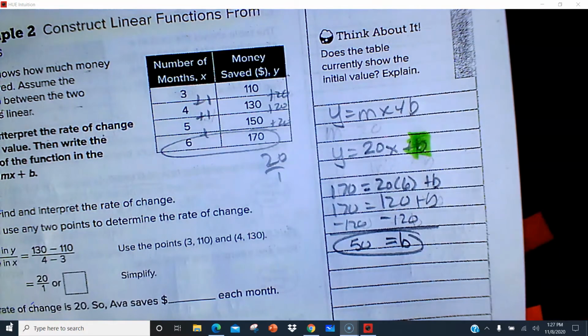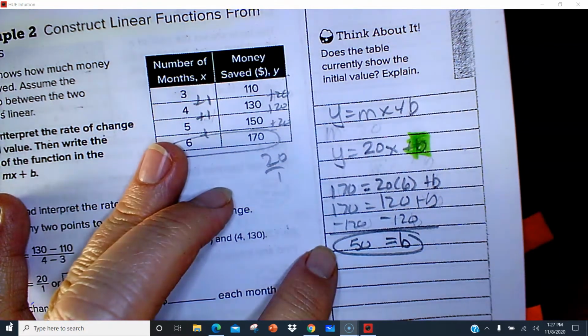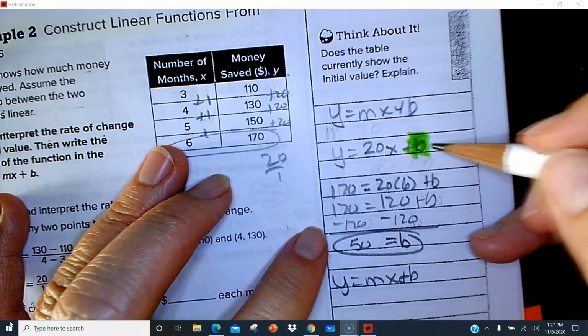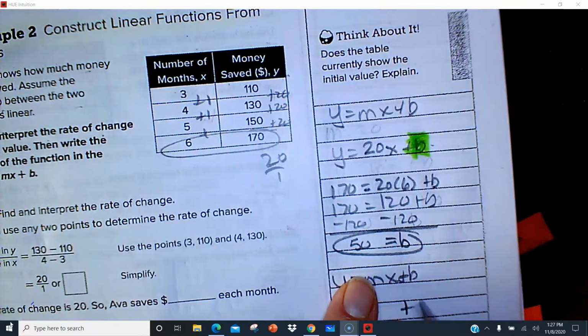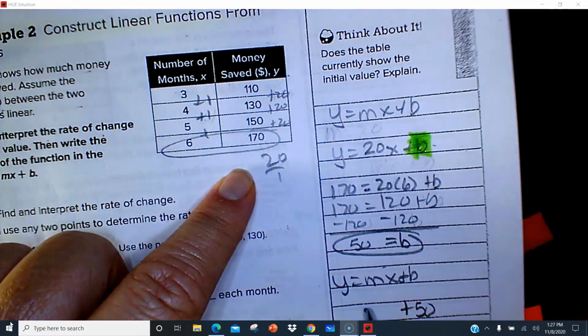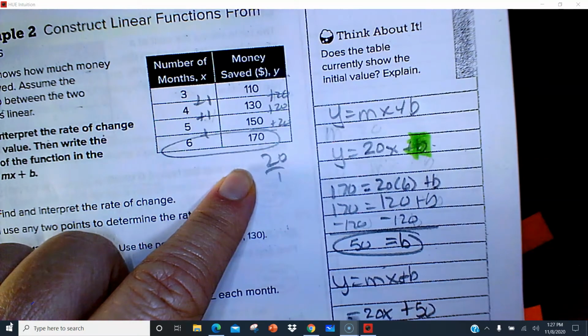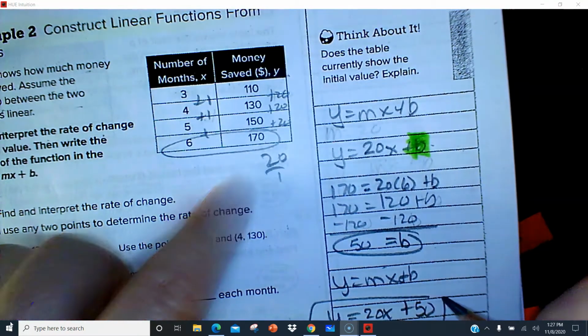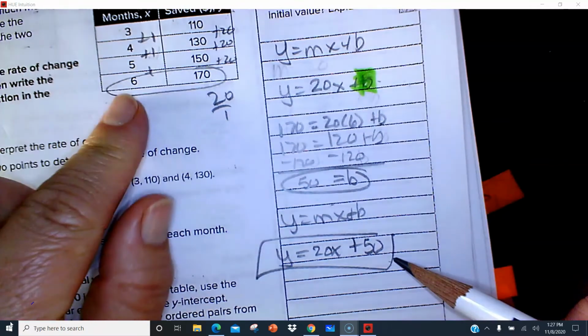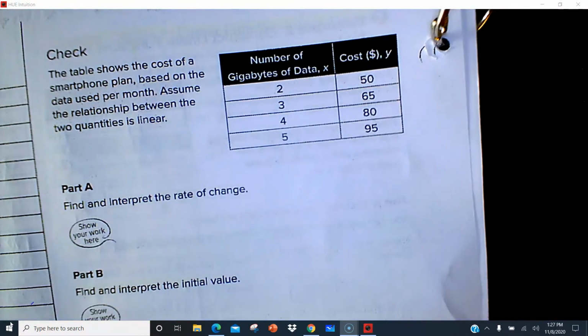So I think that's my b. That's my y-intercept. So now I have y equals mx plus b. I have my b now. I have my m. That gives me a general equation of a line for this particular table over here. And we're good. Go ahead and do the check on your own.